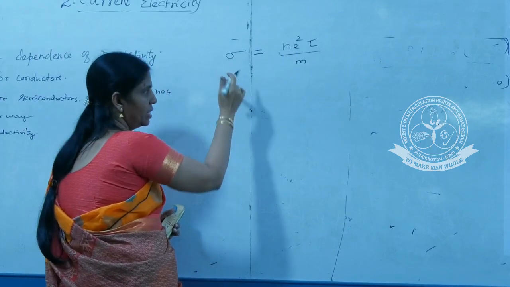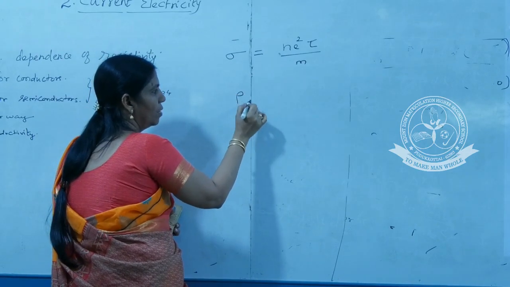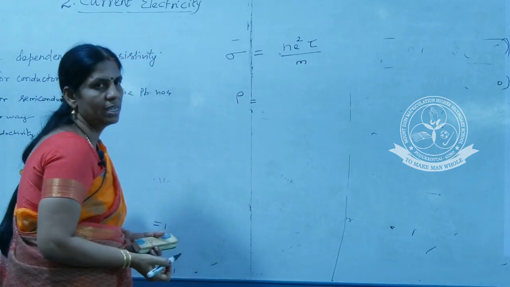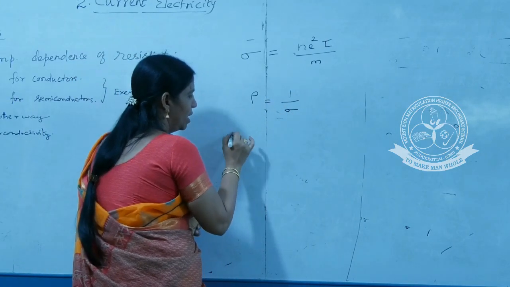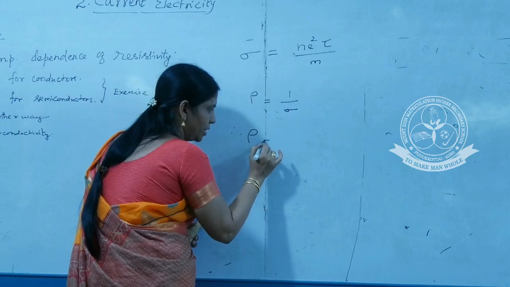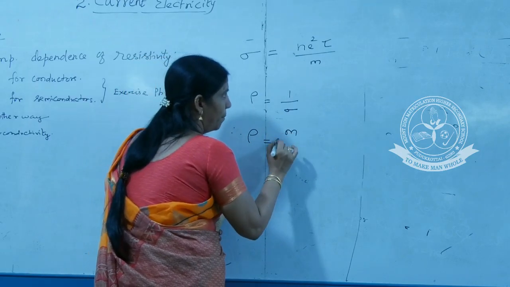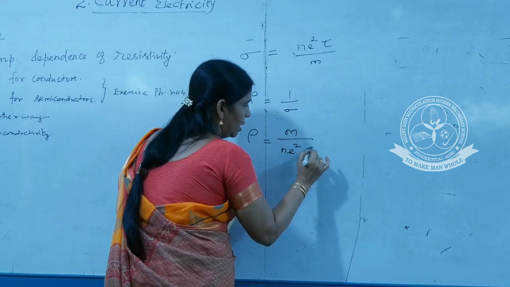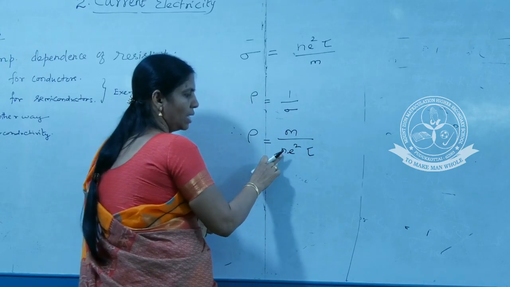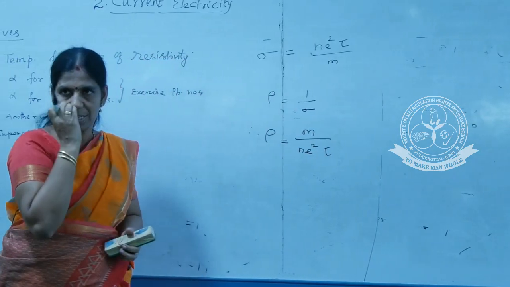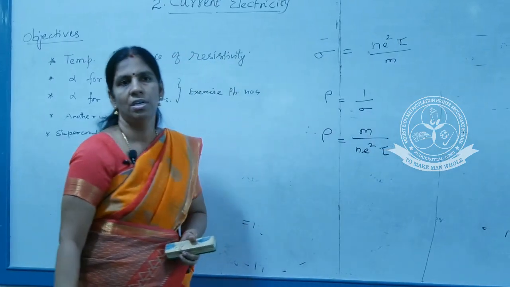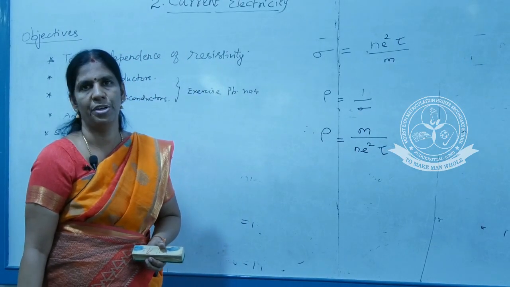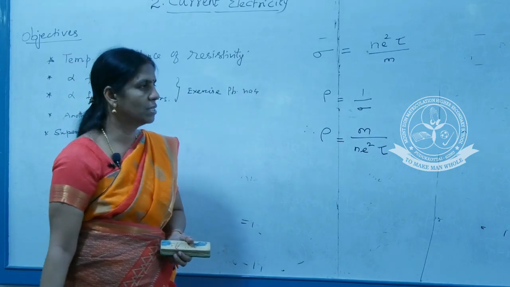Sigma is the conductivity, and it's a very known fact that resistivity is the reciprocal of conductivity, and so we can write that resistivity rho is equal to m by n e squared tau. And this n is number density of electrons, and tau is the average time of collision between electrons.